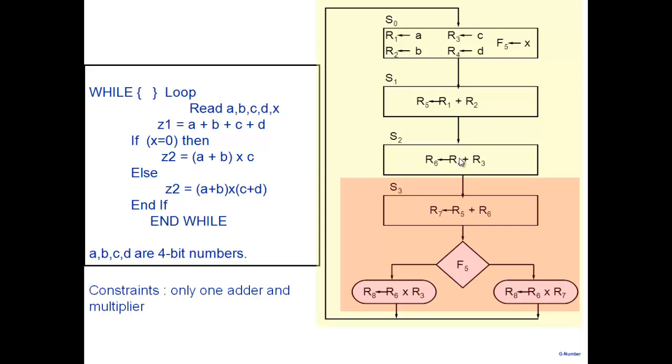So I should have done here R5 into R3. R5 into R3 would have done this operation, A plus B into C. And R6 into R7 should have done A plus B into C plus D. So depending on the condition, I do this here.